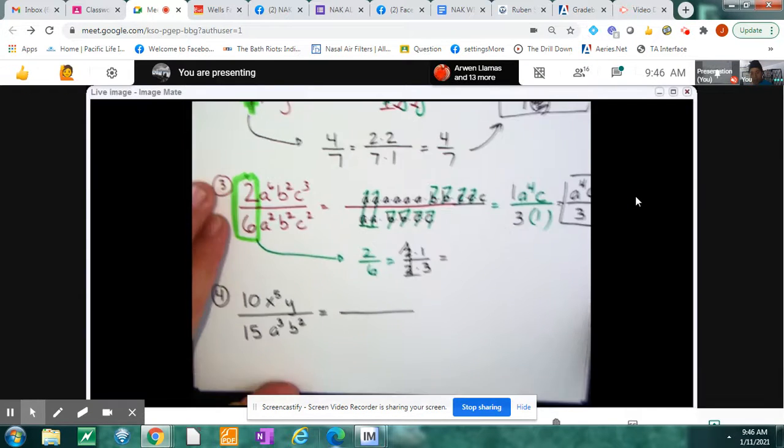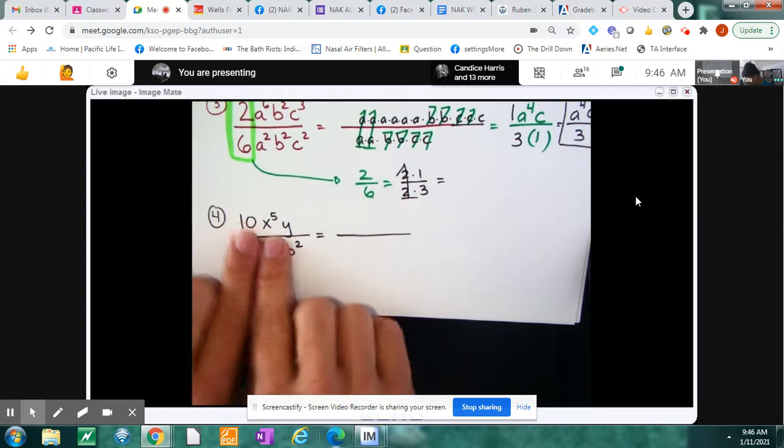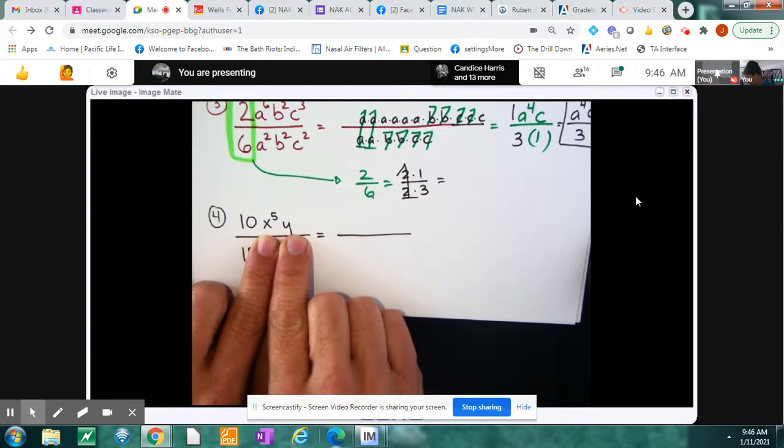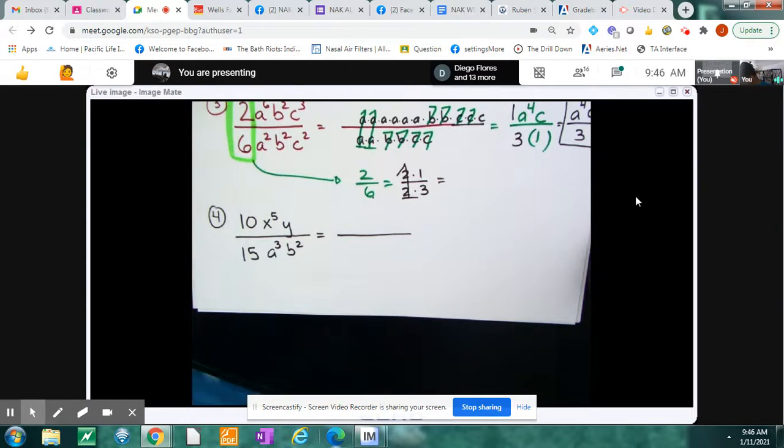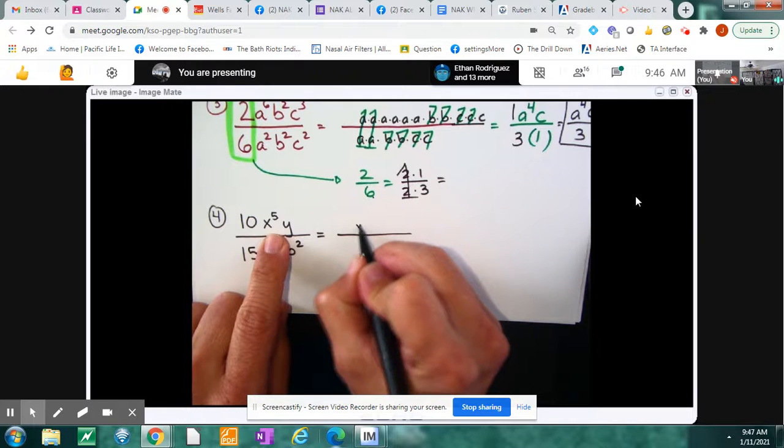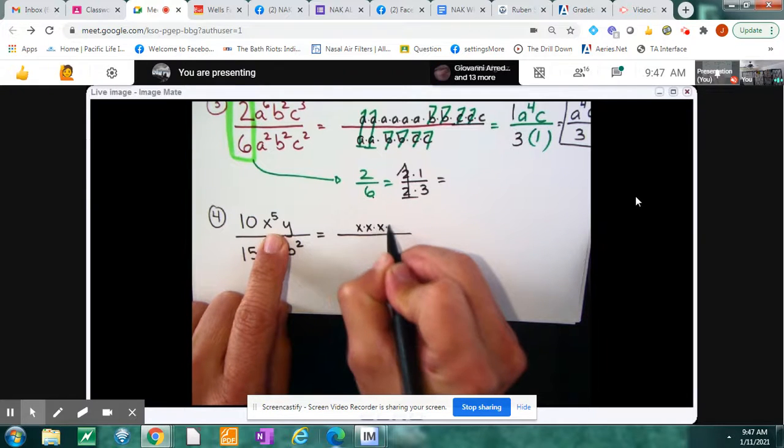So now again, it's x to the 5th, y. So I'm just going to lay it all out. All right, let's just do the other stuff. So ready? Here we go. X to the fifth. 1, 2, 3, 4, 5.